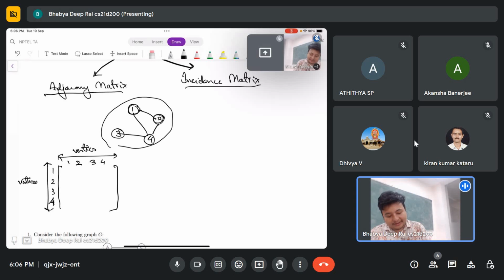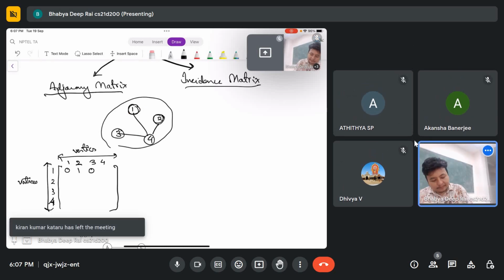For example, is 1 connected to 1? No, so 0. Is 1 connected to 2? In our graph, yes, so I'm going to write a 1 here. Is 1 connected to 3? No, 0. Is 1 connected to 4? Yes, via this edge, right?